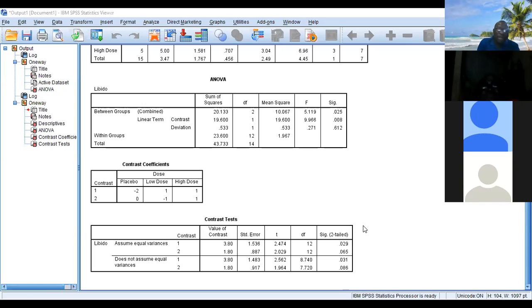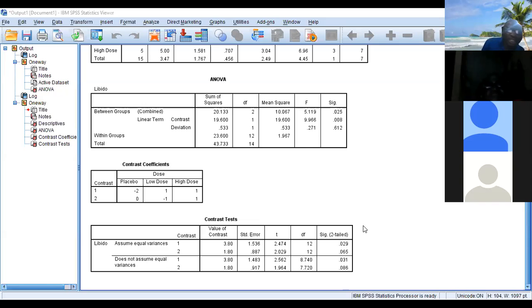And you see this contrast gives you two options: assume equal variances, and does not assume equal variances. If you remember, when you run a t-test, it runs Levene's test of equality of variance to see if the variances are the same, homogeneous or not. Then in case your variances are not equal, it will give you two sets of answers to choose one from.